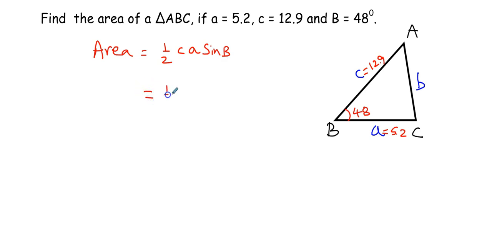So half times your C is 12.9. You can use parenthesis also for convenience because of the decimals and that. 5.2, that is C times A times sine B, sine 48 degrees.